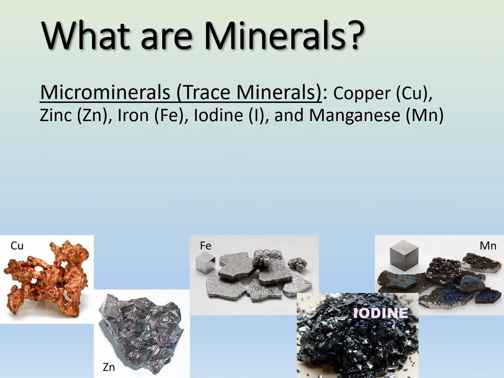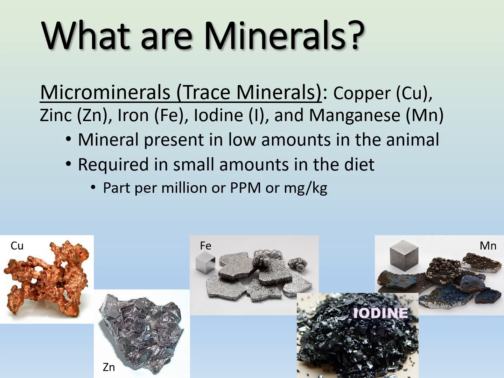Now, what are the micro minerals that we'll talk about? We do call them trace minerals, so I may interchange those words, but trace or micro means small. We'll talk about copper, zinc, iron, iodine, and manganese. Again, these are metals, and they are present in low amounts in the animal.